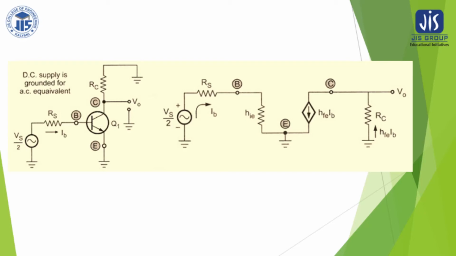So this is RC1 with a negative sign, obviously, gm into V by 2. Therefore VO1 by V gives us this, and we got this for transistor Q1.